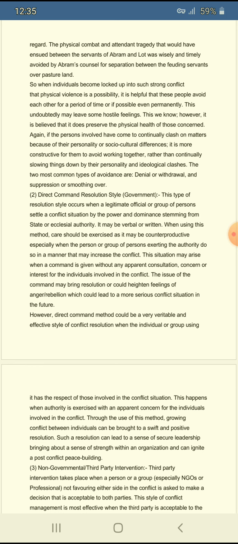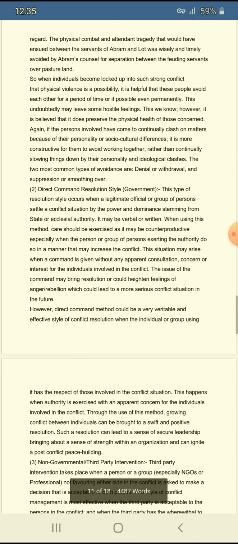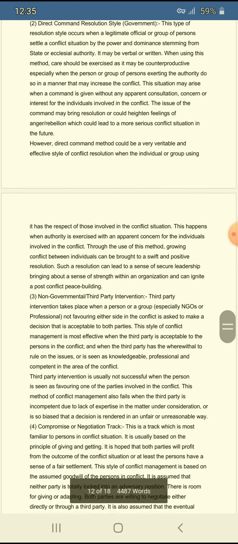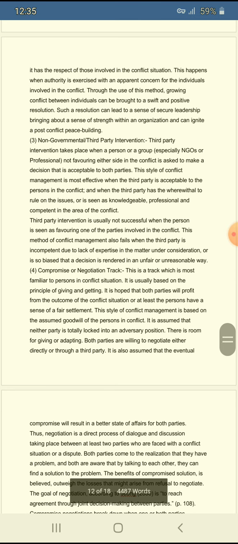The third one is non-governmental, or third-party intervention. Third-party intervention takes place when a person or a group, especially non-governmental organizations or professionals, not favoring either side in the conflict, is asked to make a decision that is acceptable to both parties.